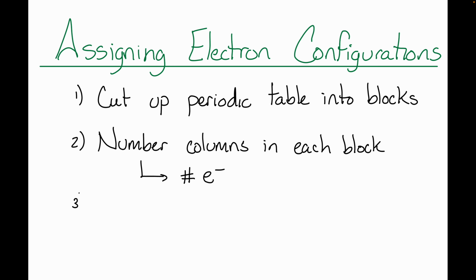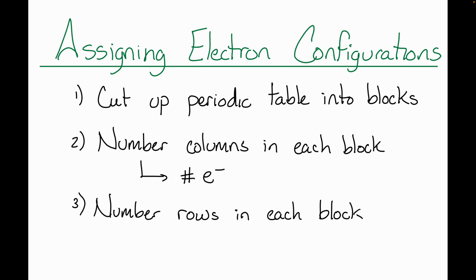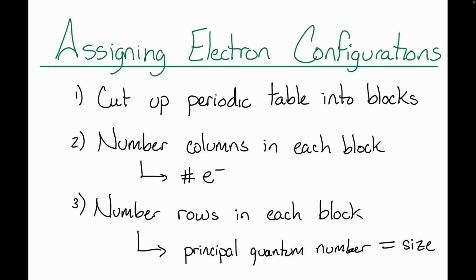All right, and so the last step is we're going to number the rows in each block. This is what's going to correspond to what we call the principal quantum number, or the one that tells us about the size of that orbital.